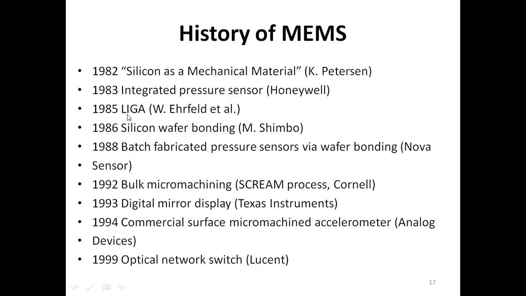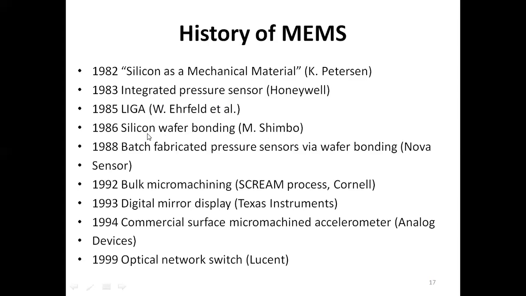1985, the process technology LIGA, which is for high aspect ratio MEMS. We will discuss this technology in the course. It is a German technology, developed by a group of German inventors. 1986, silicon wafer bonding by M. Shimbo.